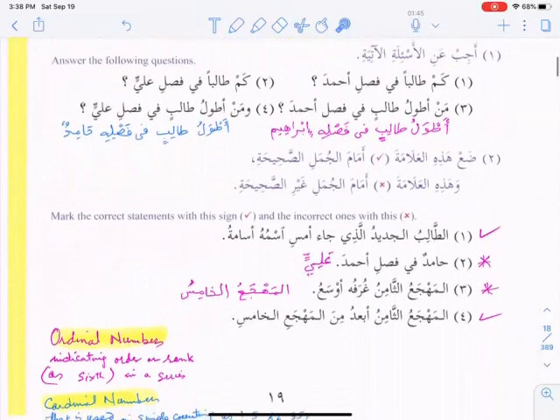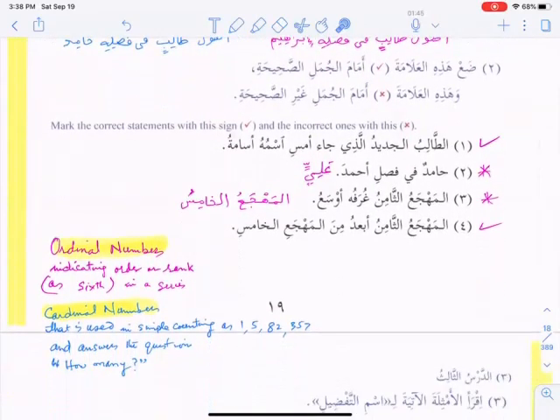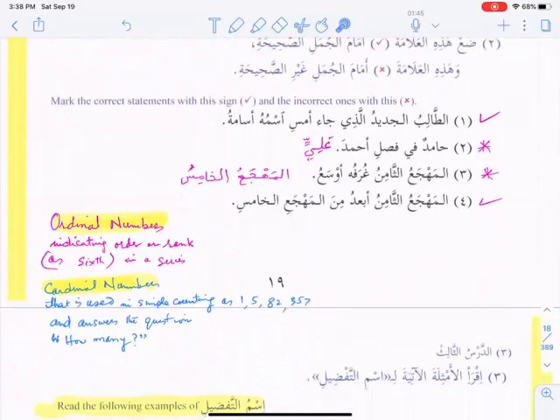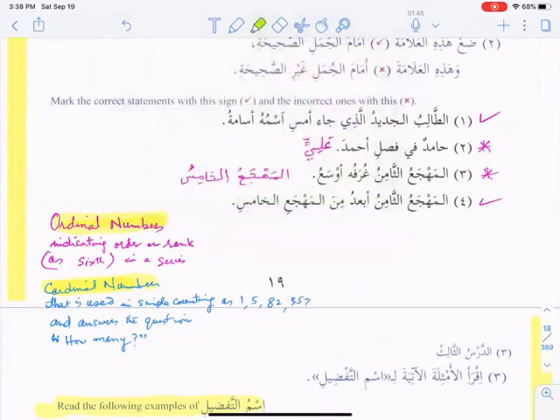I'm leaving these questions. Okay, I wrote down here ordinal numbers indicating order or rank, as sixth in a series. So please remember, ordinal numbers indicate order or rank, as sixth or eighth or seventh in a series.